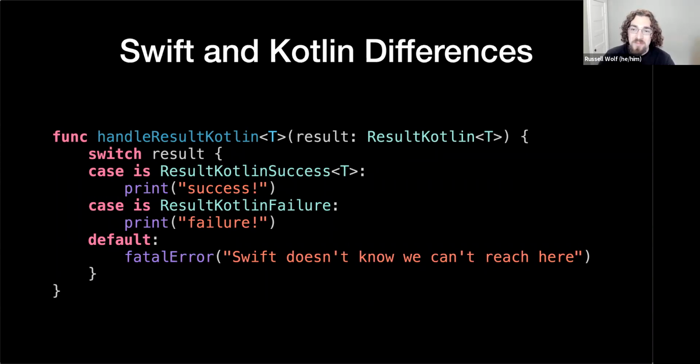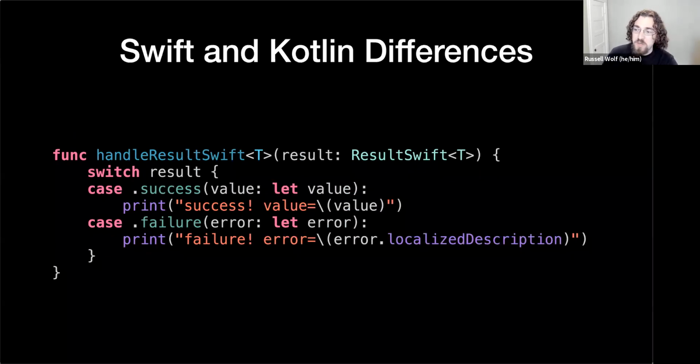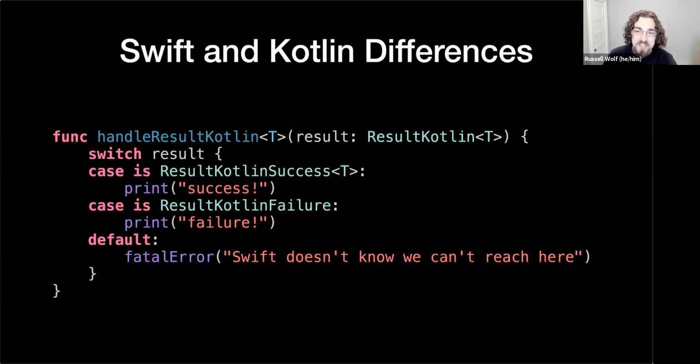Swift does not know that the sealed class is exhaustive, so that when we've checked these two cases, we don't need to also check a default case. And the Swift version gets you this really nice ability to pull out the value of the success and failure types, and that doesn't translate when you're consuming the Kotlin.